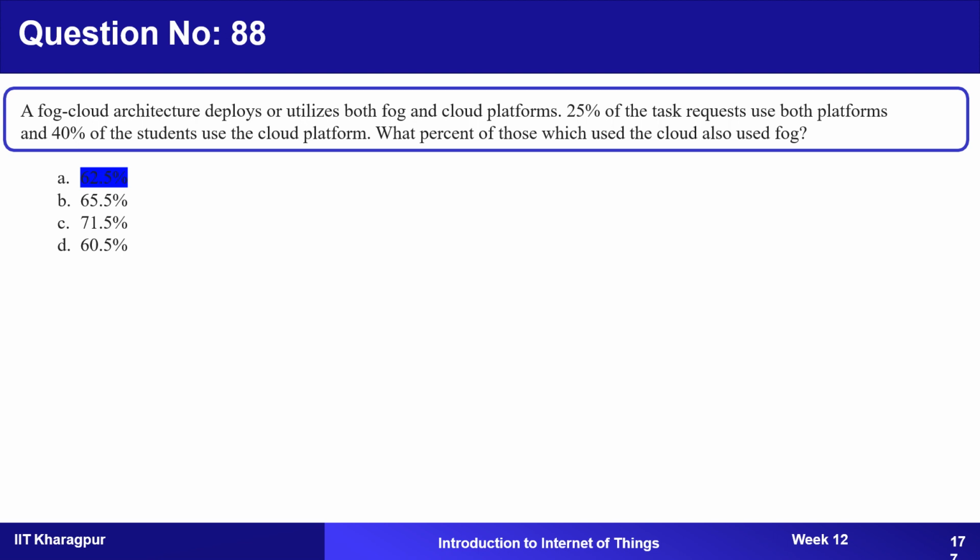The union is given, and the intersection part is asked in the question: what percent of those which use the cloud also used fog. This is the intersection part.